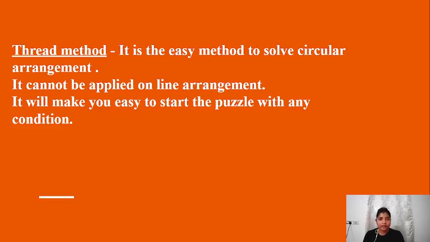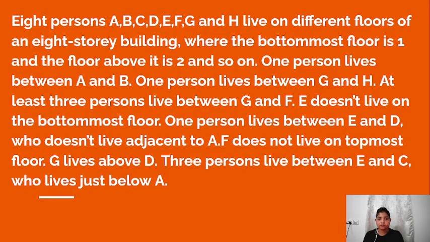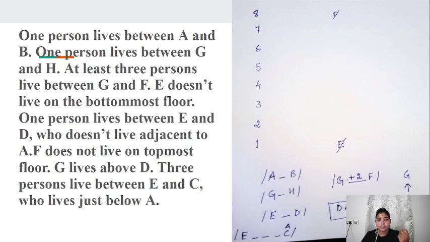So it's a circular puzzle, and it's a one-variable puzzle. It's a floor puzzle, an 8-story building puzzle, and A to H are the people. It is written that the bottommost floor is numbered 1, and then 2, 3 till 8.